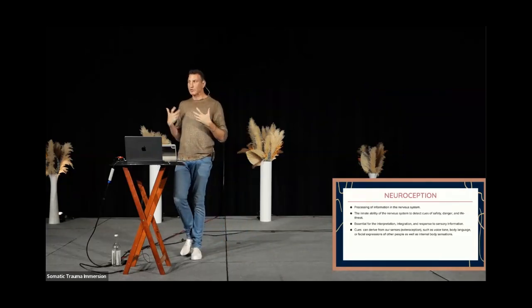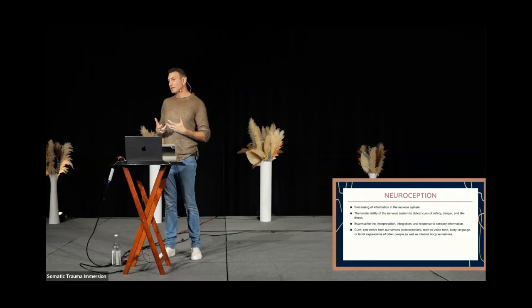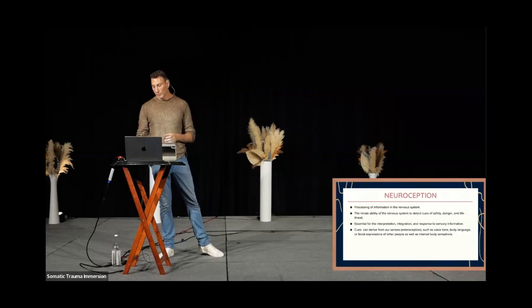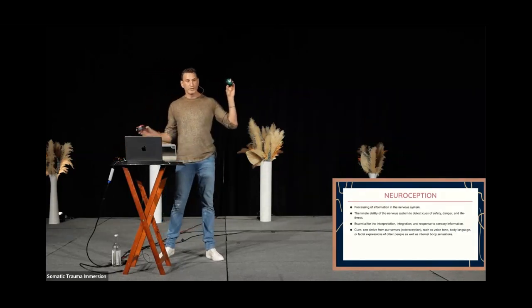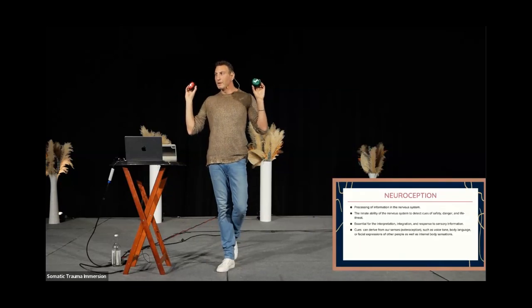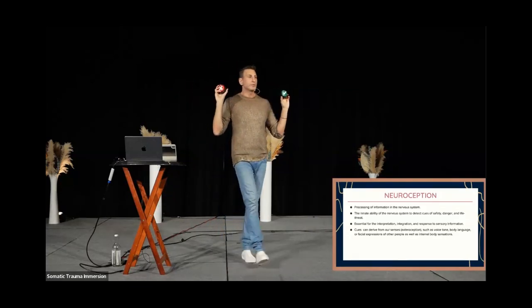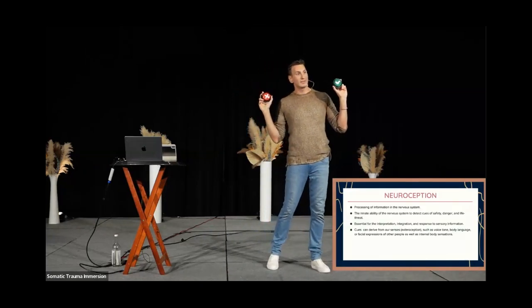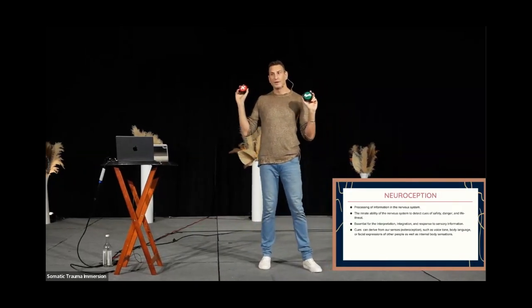Part of that interpretation is assessing safety and danger, what we call cues of safety and cues of danger. So our neuroception is gathering sensory information and helping us assess safety and danger.